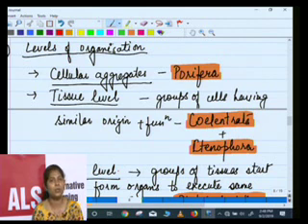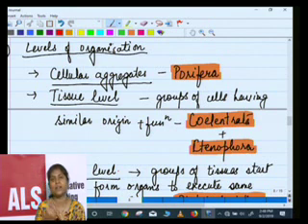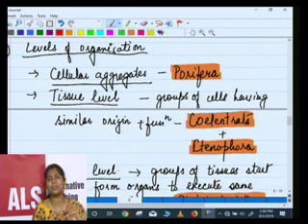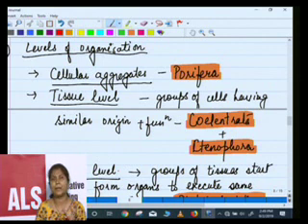Just now I told you that protozoans are said to be little animalcules, and they have started to form cellular aggregates. We have placed all those animals which just started aggregation of cells in the phylum called Porifera.